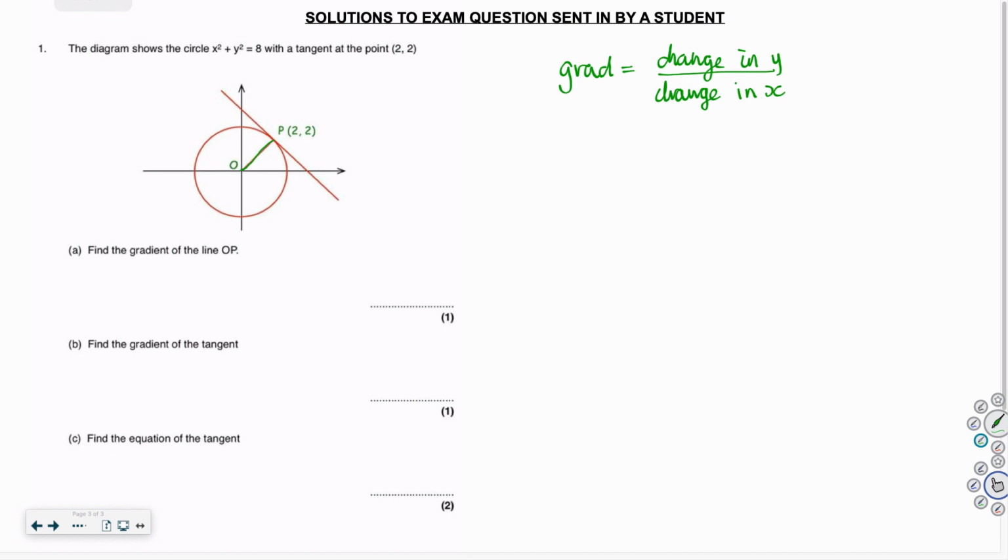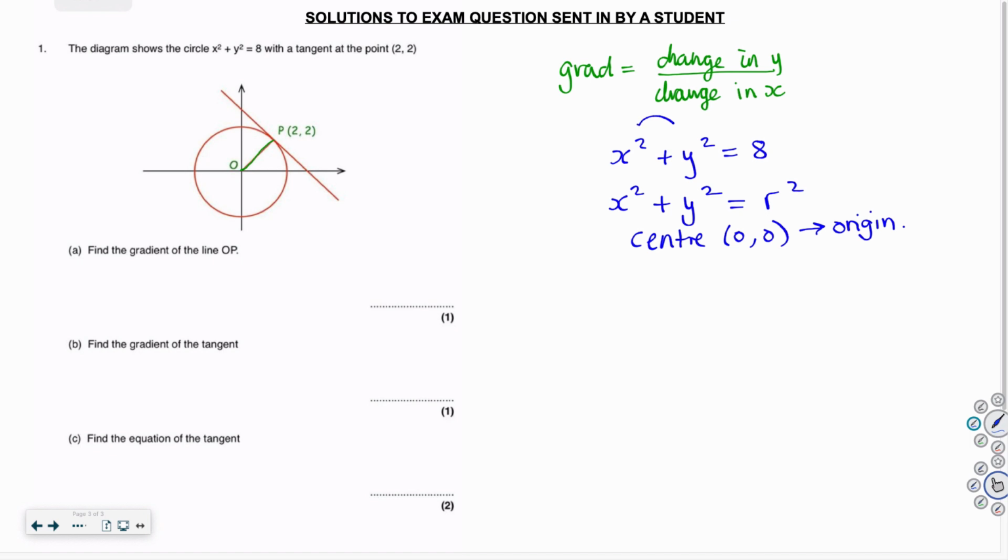Now let's have a look at the equation of the circle, which is x squared plus y squared equals 8. Any circle is given in the form x squared plus y squared equals r squared, and for an equation in this form, the centre is at (0, 0), which is the origin.